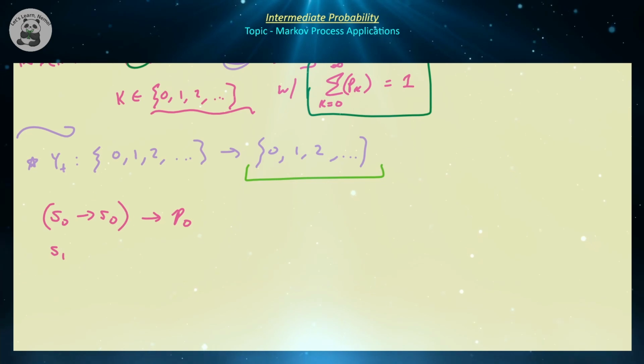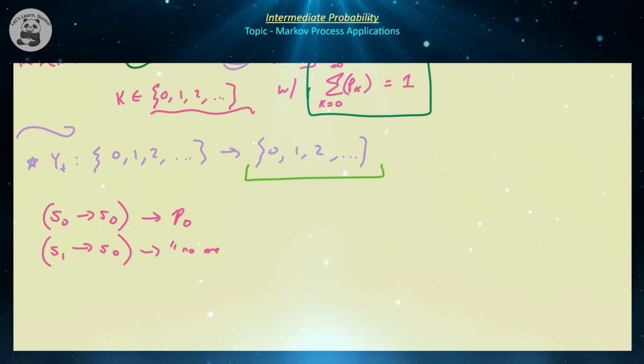Now, what about the probability of transitioning from S1 to S0? If we have one person, and on the next iteration we have 0 people, that means we only had one person in line, they were served, and therefore no people must have arrived, else we would have more than 0 people. So in this case, no one arrives, and that again would give us p_0.